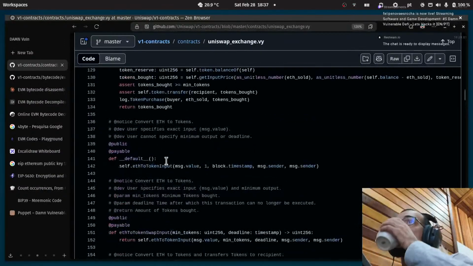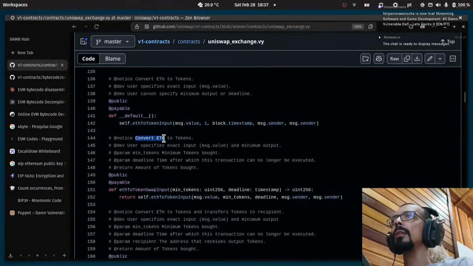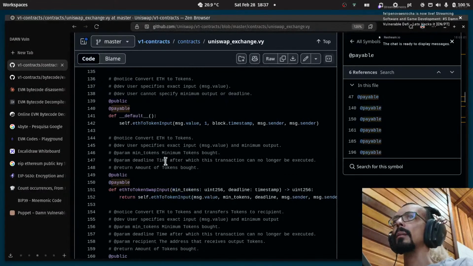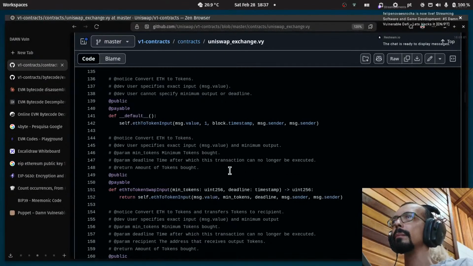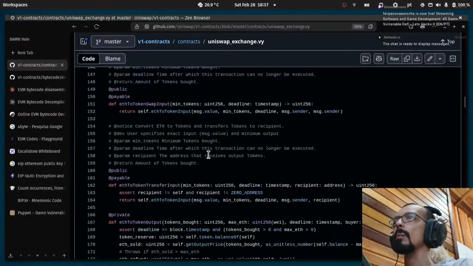I can swap. I can convert Ethereum to tokens here. That's the minimum tokens I want to receive. And that's the deadline. That's Ethereum to token transfer input.